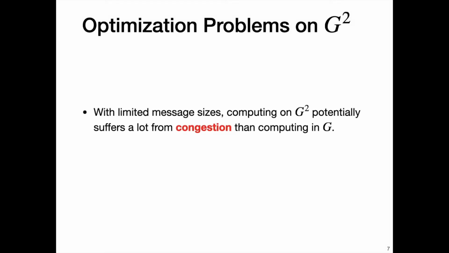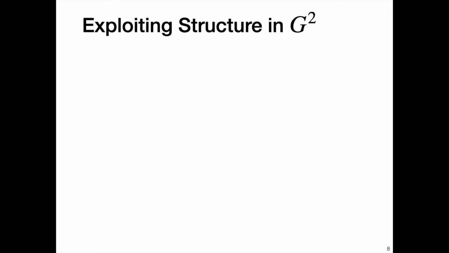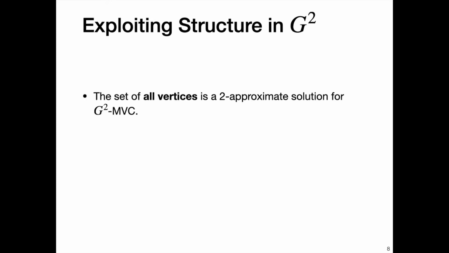When solving optimization problems in G squared, we can face issues due to congestion, but on the other hand, G squared has more structure compared to G, which we can exploit to design faster algorithms. We can exploit structure in G squared as follows. The set of all vertices is a 2 approximate solution for G squared MVC.